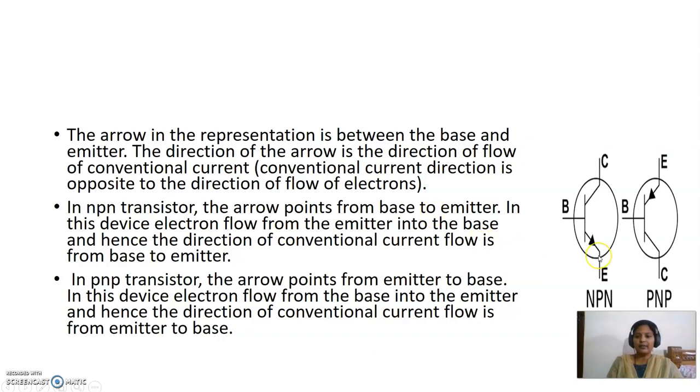So conventional current in an NPN transistor flows from base to emitter. In a PNP transistor, the arrow points from emitter to base. In this device, the electrons flow from base to emitter, as the conventional flow of current is from emitter to base. So this is the arrow representation.